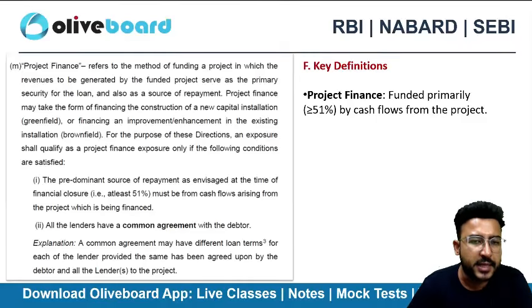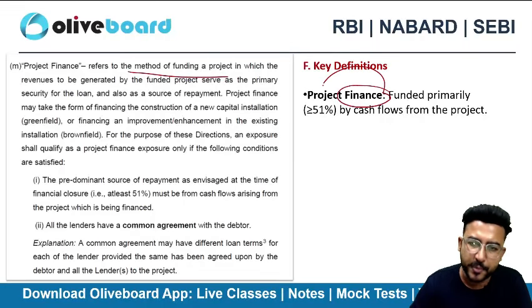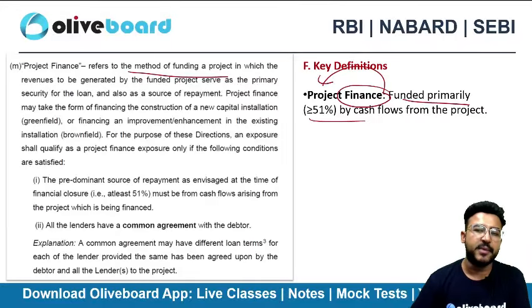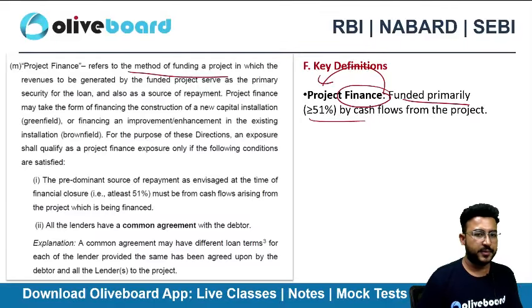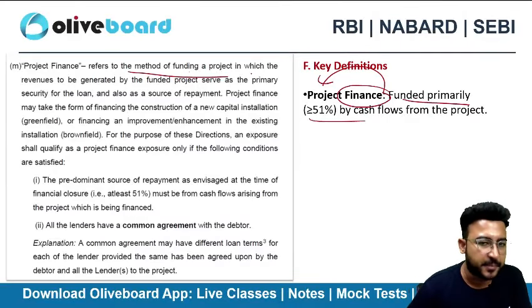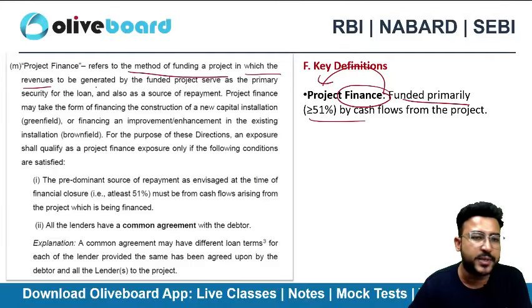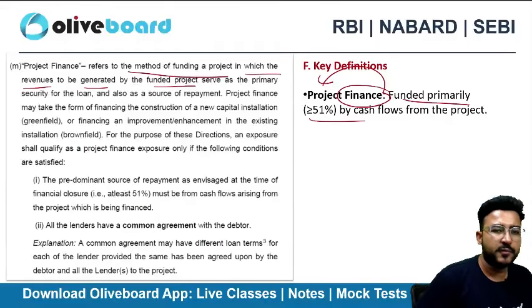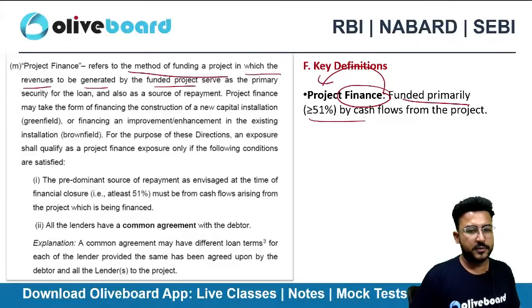Project finance refers to the method of funding a project. We are obtaining finance for a project, funded primarily, more than or equal to 51%, by the cash flow from that project only, right? So it refers to the method of funding a project in which the revenue generated by the project is primarily the security of the loan, the source of repayment.